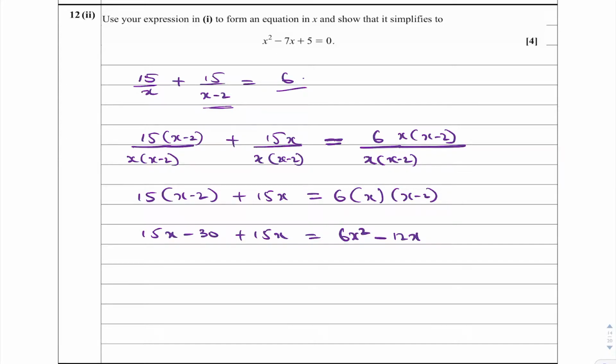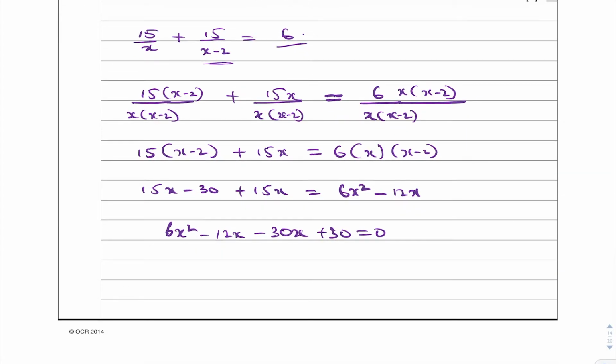So let me move everything from the left-hand side to the right-hand side. I got 6x squared minus 12x minus 30x plus 30 equal to 0. So let's finish this: 6x squared minus 42x plus 30 equal to 0.